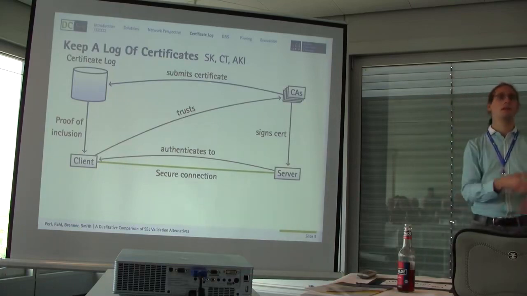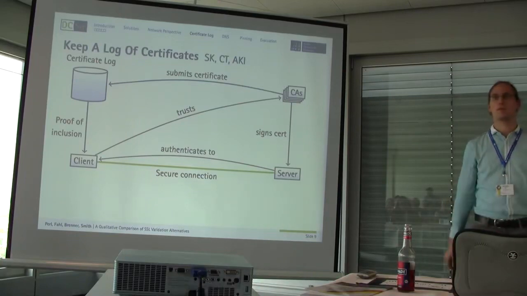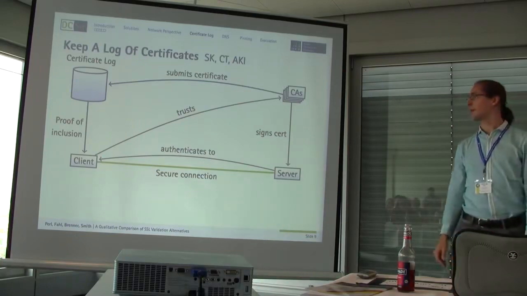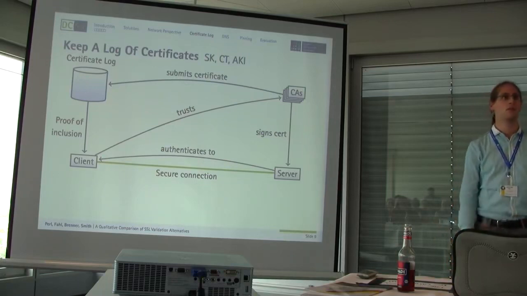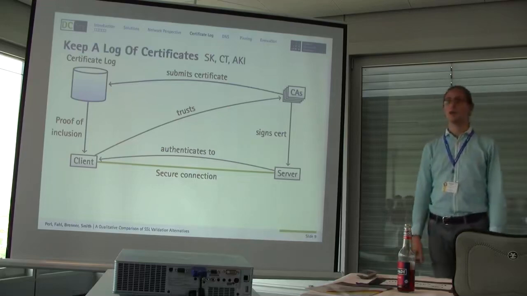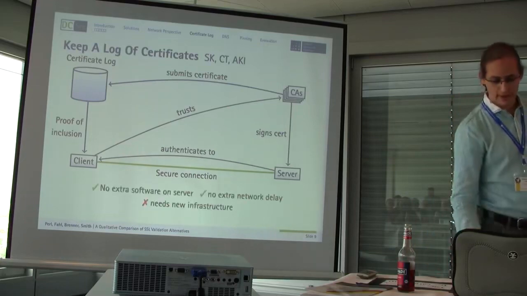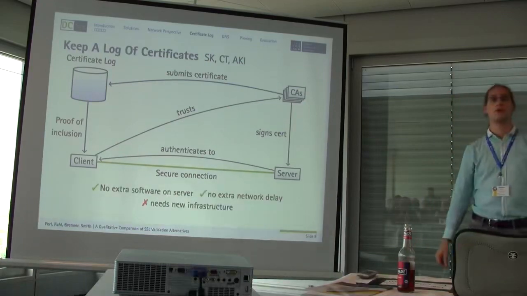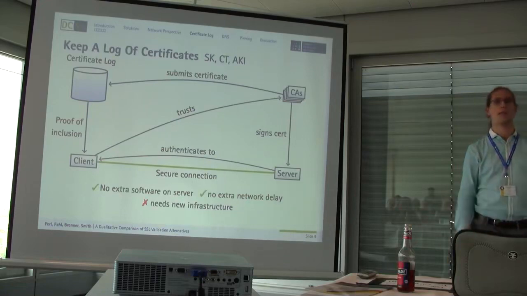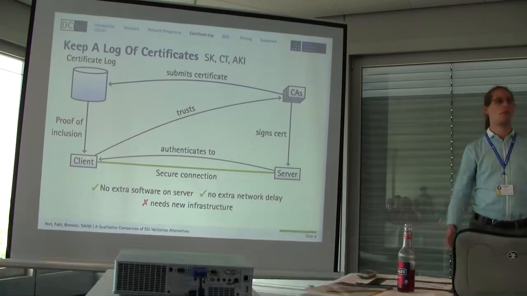And by that, the security is basically, okay, if the certificate has been published, then the domain owner could take measures when the certificate was signed maliciously by a fraudulent CA, for example. So the idea is not directly to prevent attacks, but more to make the whole ecosystem behave well, and to make fraudulent CAs obvious.